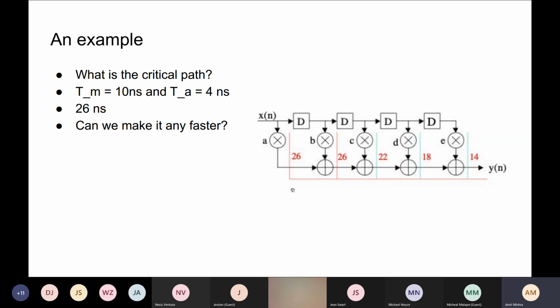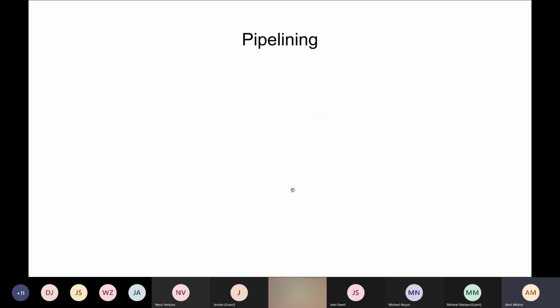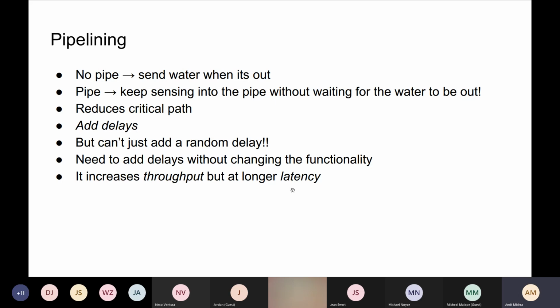So that's what we'll see in the rest of the discussion: how can we add delay without changing the operation, the function. One method is called pipelining. It follows the allegory of water going in a pipe and coming out at the other end.